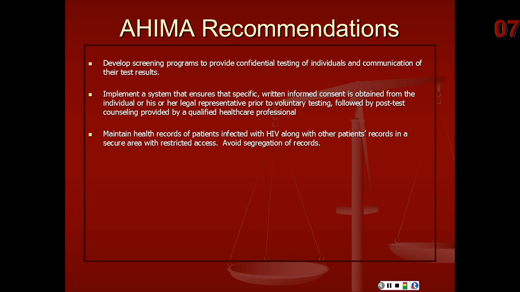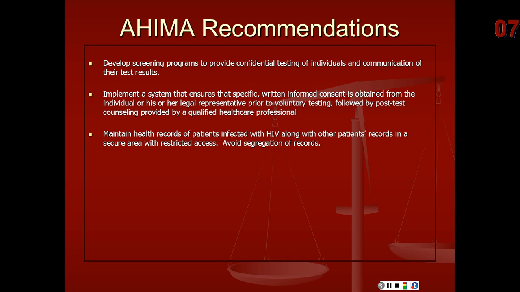When we maintain the health records of those patients infected with HIV, we should maintain them along with all other patients' records in a secure area with restricted access. The term they use is avoid segregation of records.